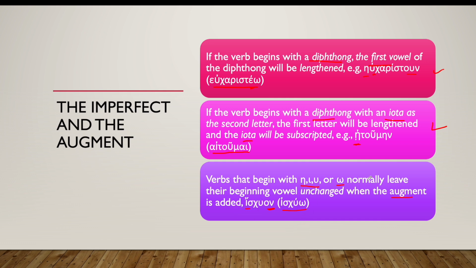There's no augment. So be aware that these types of verbs don't lengthen their forms. And that makes sense, because you can't lengthen the eta because it's already long. You can't lengthen the omega because it's already long. And iota and upsilon are already long. So there are long vowels which really can't be lengthened. Okay.